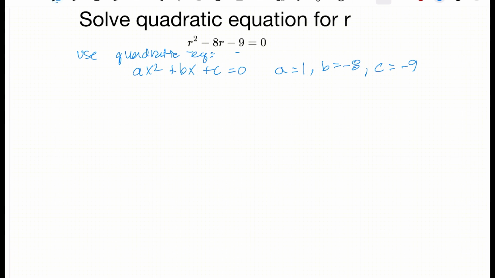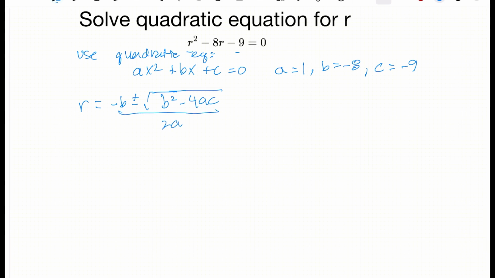That is the constant term, c. So our quadratic formula becomes r is equal to minus b plus or minus the square root of b squared minus 4ac, divided by 2a.